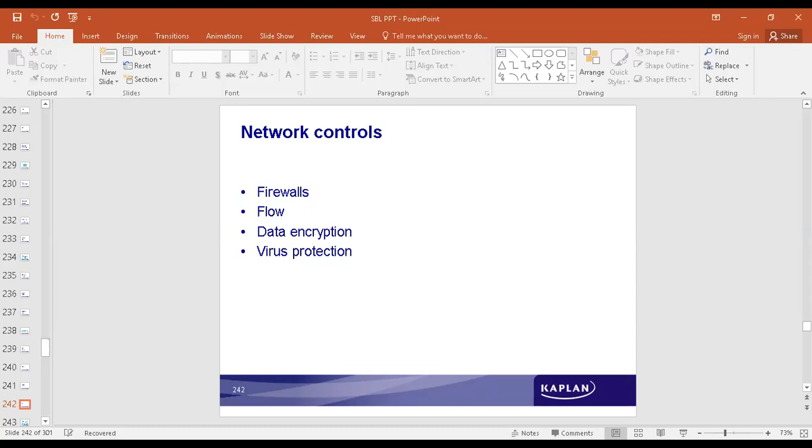WhatsApp claims that messages are delivered only to the intended user, so only the sender and the receiver will be able to access the messages, no one else. That is encryption.